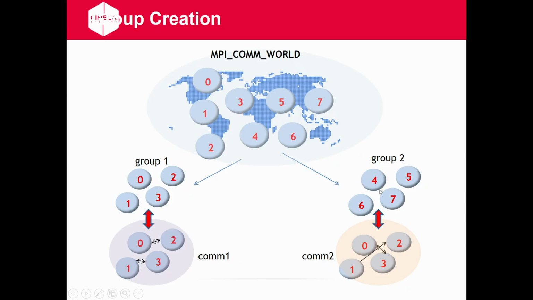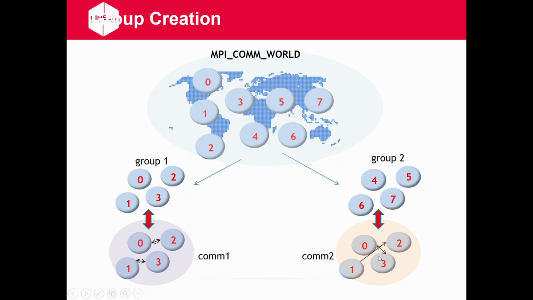But in the second group, we also have to start from 0, but here we have process 4 of MPI_COMM_WORLD, so 4 is associated to 0, 5 to 1, 6 to 2, and 7 to 3.